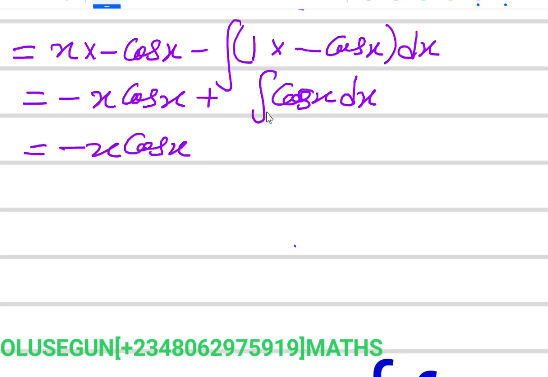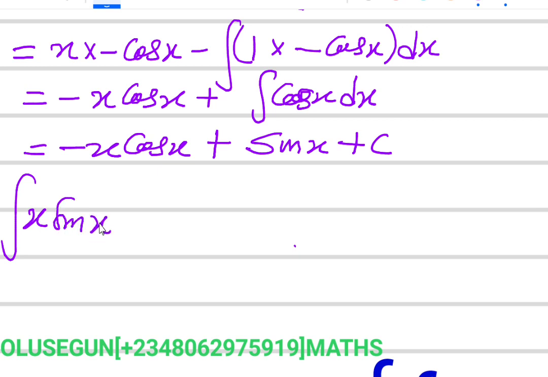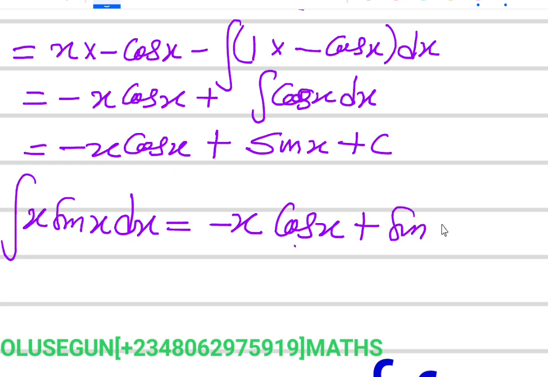Now when you integrate cos x, it will give you sine x, so plus sine x plus c. So the integral of x sine x dx will now be minus x cos x plus sine x plus c.